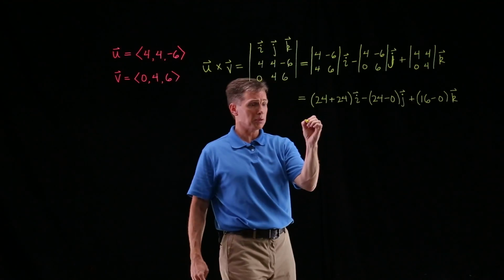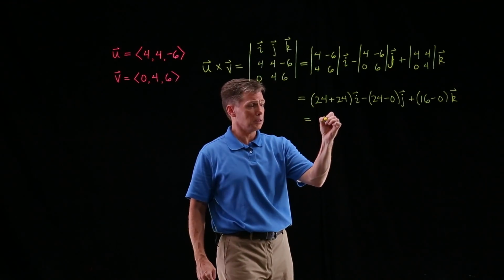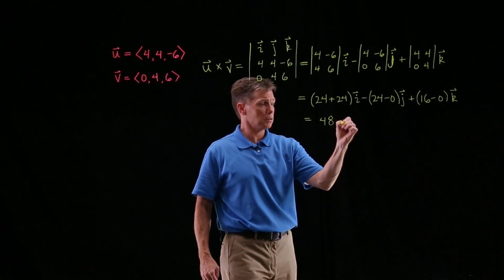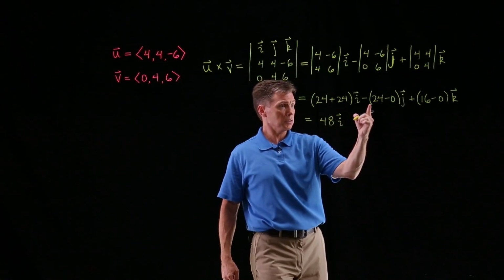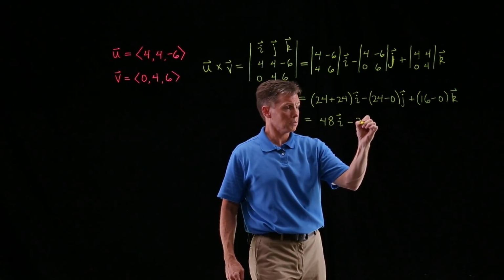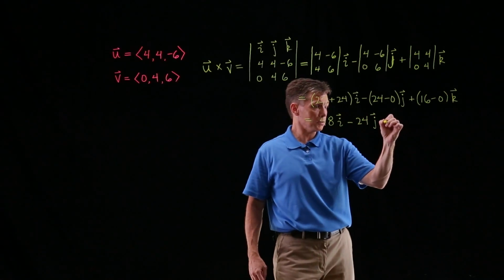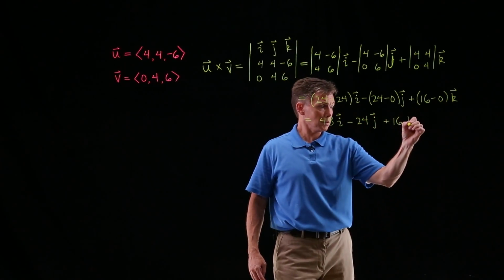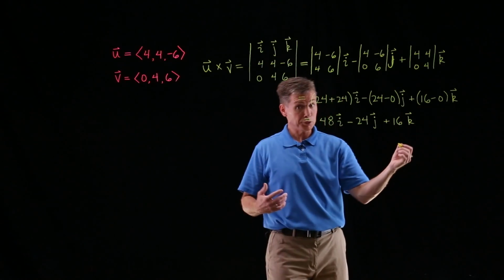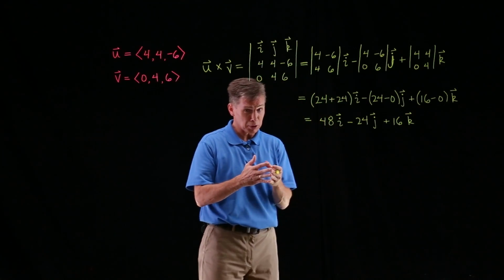Let's clean it up with a little arithmetic and get 48i, minus 24j, and then plus 16k. Okay, cool. You've got your result for the cross product.